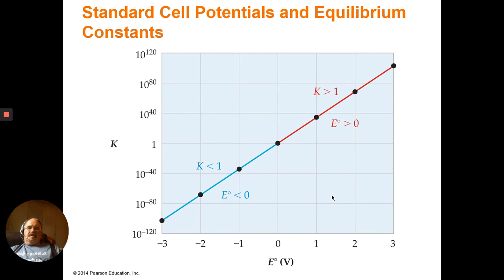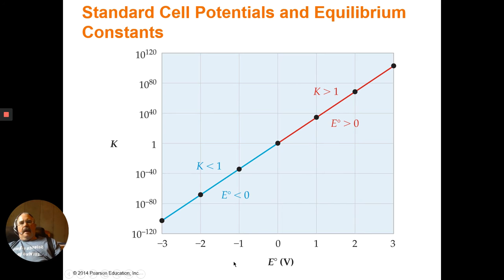Okay, what this shows is that for a small change in cell potential, there is a huge change in the equilibrium constant. Okay, and it's not unusual for these equilibrium constants in these electrochemical reactions to have very large numbers.